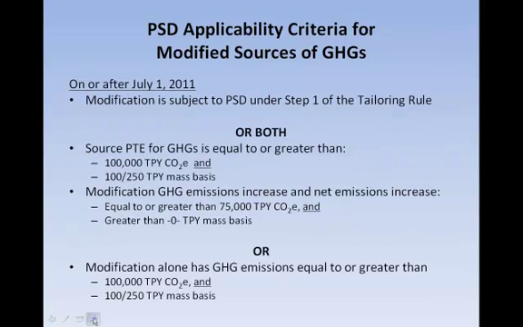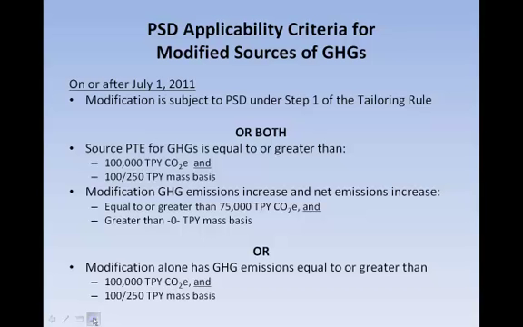So for step 2, PSD applies to the greenhouse gas emissions that are associated with a modification in one of 3 possible instances. First, the modification is subject to PSD under step 1 of the tailoring rule. As I mentioned before, the step 1 applicability carries forward into step 2.